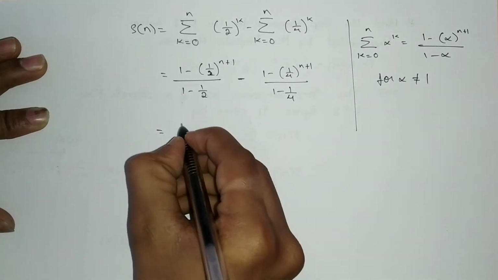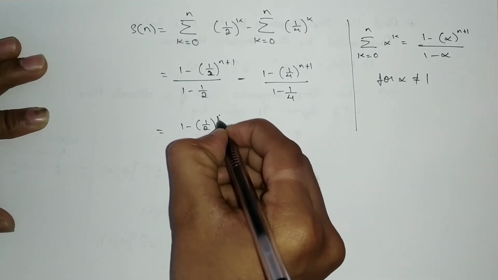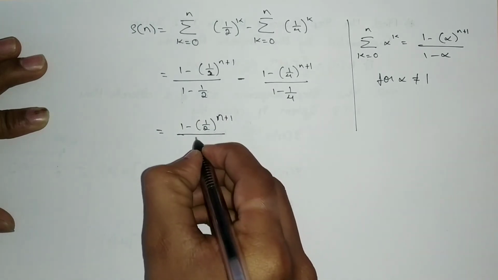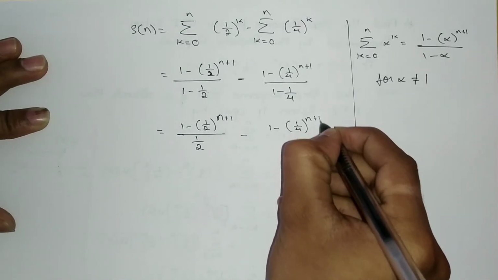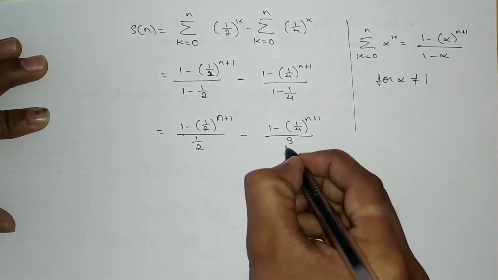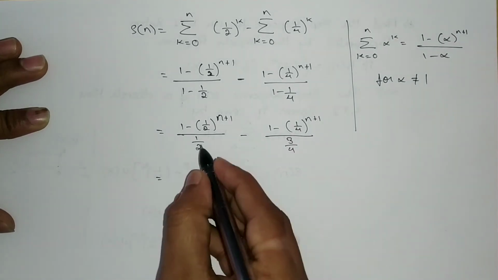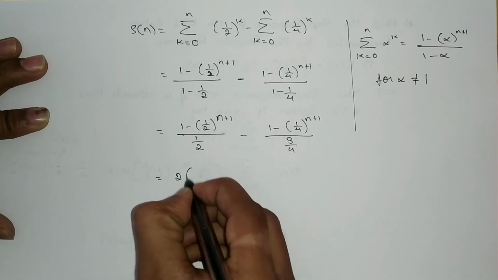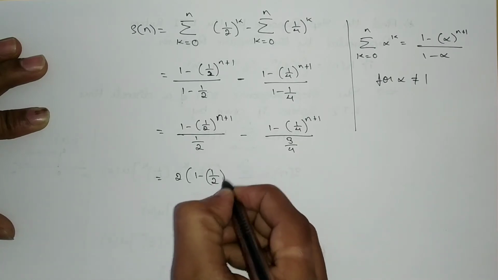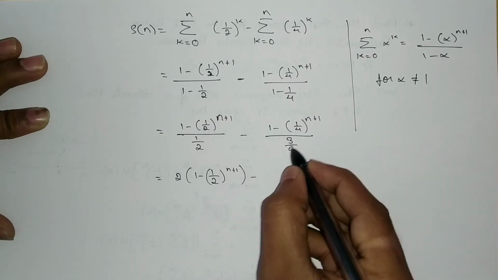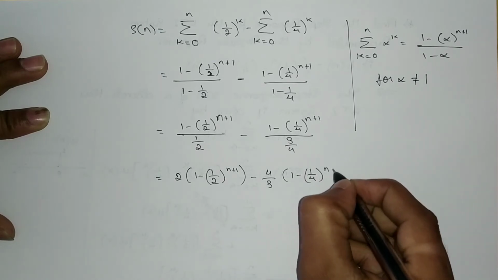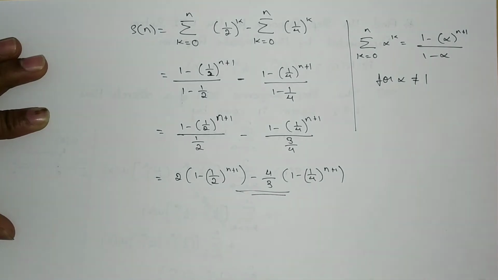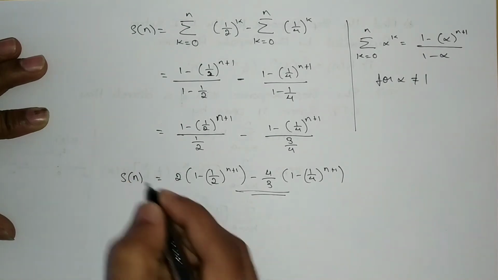On resolving, 1 minus 1/2 is 1/2 and 1 minus 1/4 is 3/4. Further resolving, 1/2 becomes 2 times (1 minus (1/2)^(n+1)), minus 3/4 becomes 4/3 times (1 minus (1/4)^(n+1)). This is the step response for the given equation.